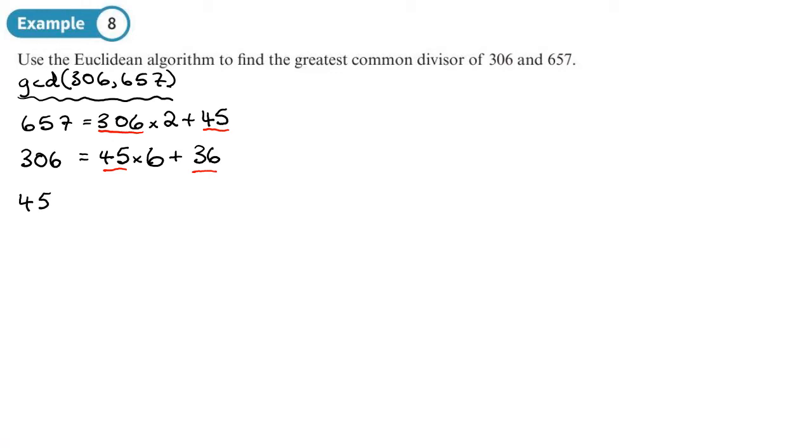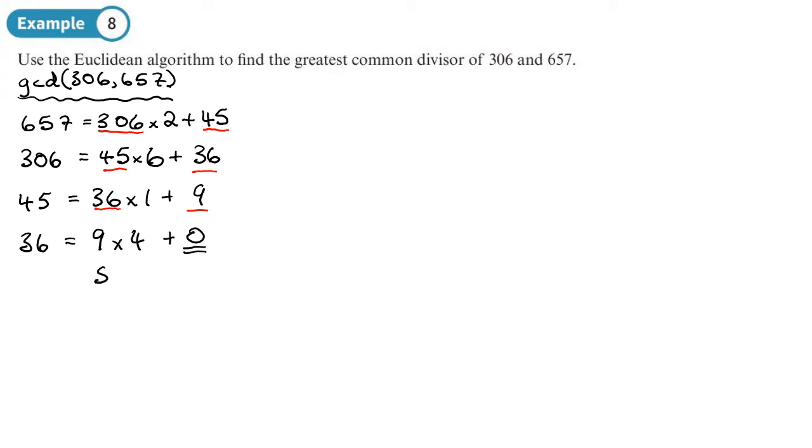So 45 equals 36, well, that's just going to be times by 1, and that's going to leave a remainder of 9. We shift these two across, do the algorithm again. So 36 equals 9 times 4 with no remainder.